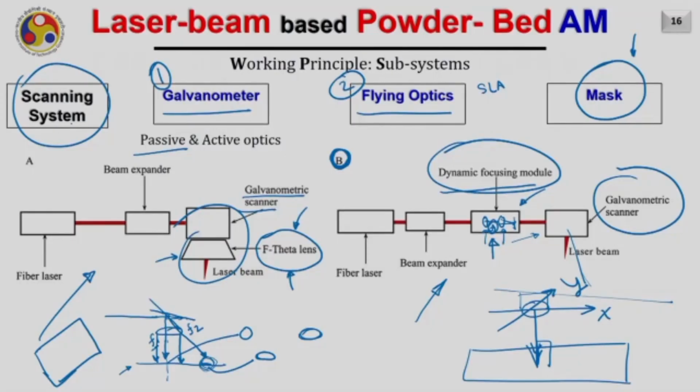We know that this mask will stop the light wherever it is not required and it will allow the light to pass through only the region where the material has to be melted or sintered on the powder bed. So, these are the possible scanning systems for laser beam based powder bed additive manufacturing.